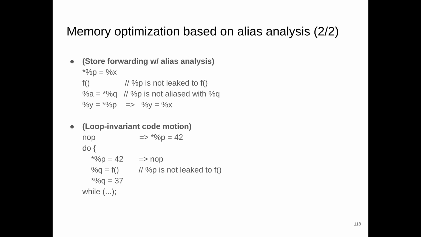And furthermore, there are some enhanced versions of GVN, and the most prominent example of this is partial redundancy elimination, which aggressively tries to optimize by removing redundant operations, even though the operation doesn't seem to be redundant. It tries to find redundancy in the inherent structure of the program and reduce that redundancy.